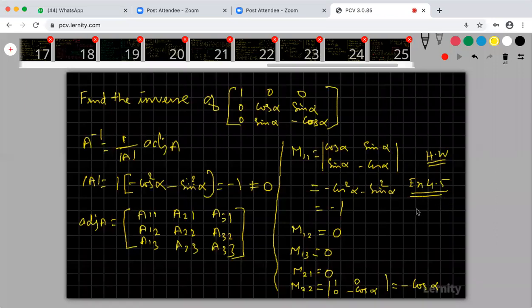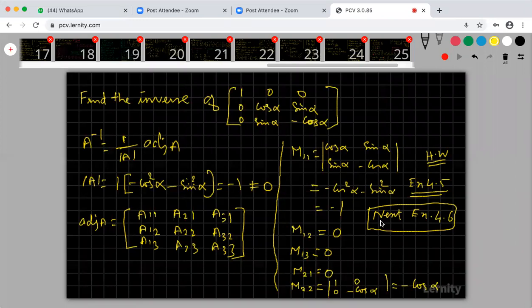In our next class, we will go for the next exercise, applications of determinants, that is exercise 4.6. We will discuss that. The homework is exercise 4.5 remaining problems, and this problem also, this problem is not completed.